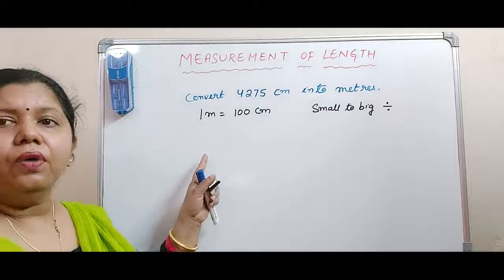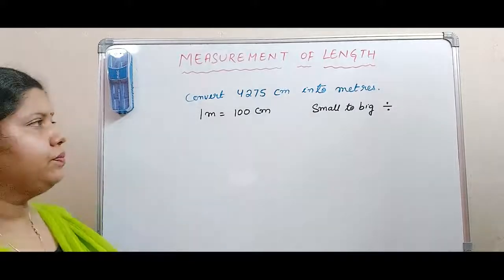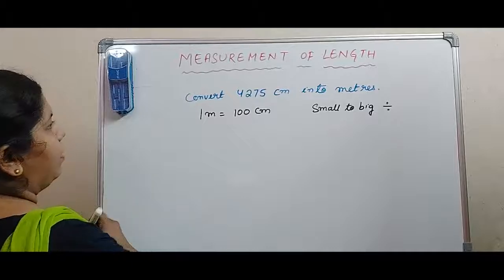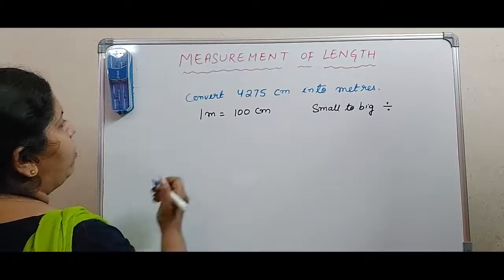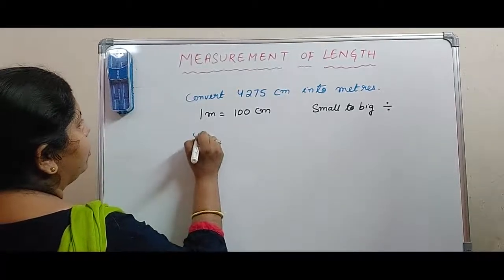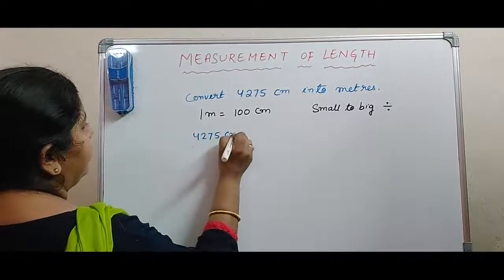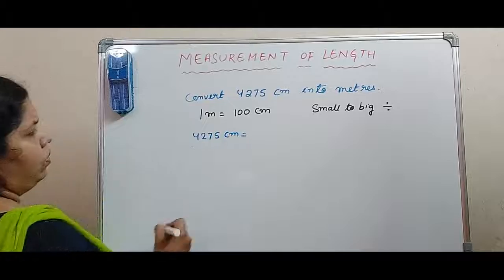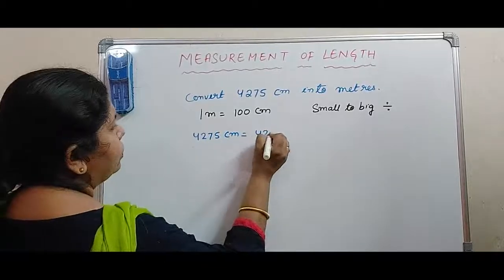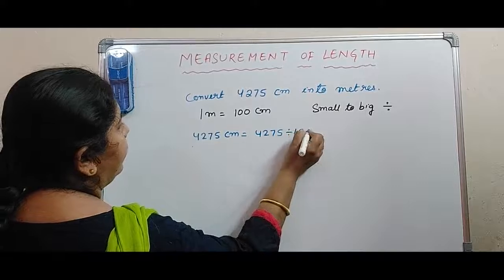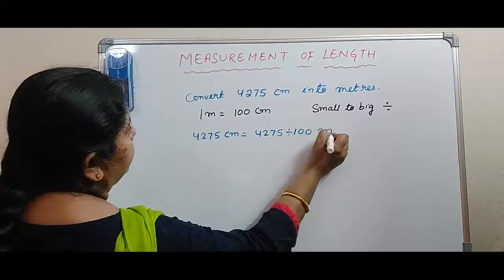Now what we are going to do is, 4275 centimeter equal to 4275 divided by 100 meter.